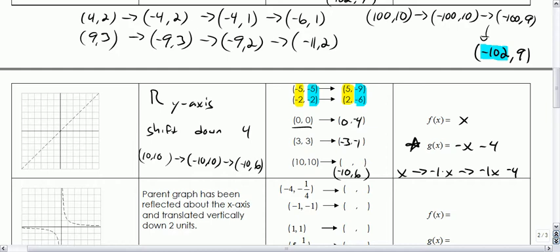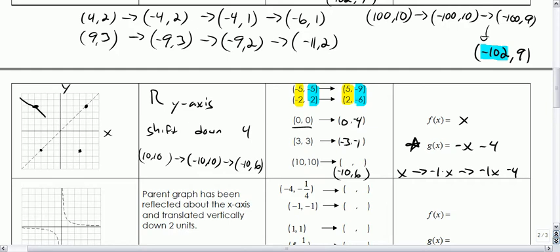Okay, so now we just have to shift the graph. So reflect across the y-axis and down 4. Pick a couple points. This one I'll reflect across the y-axis, goes here. This one goes across the y-axis, moves here.